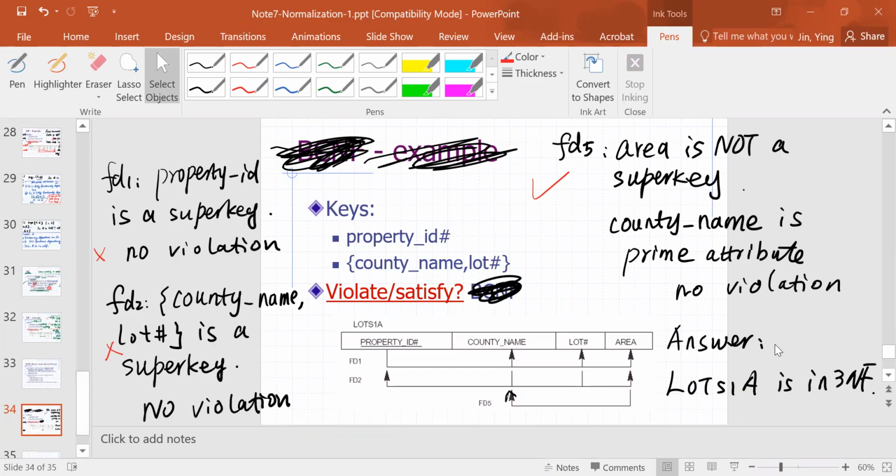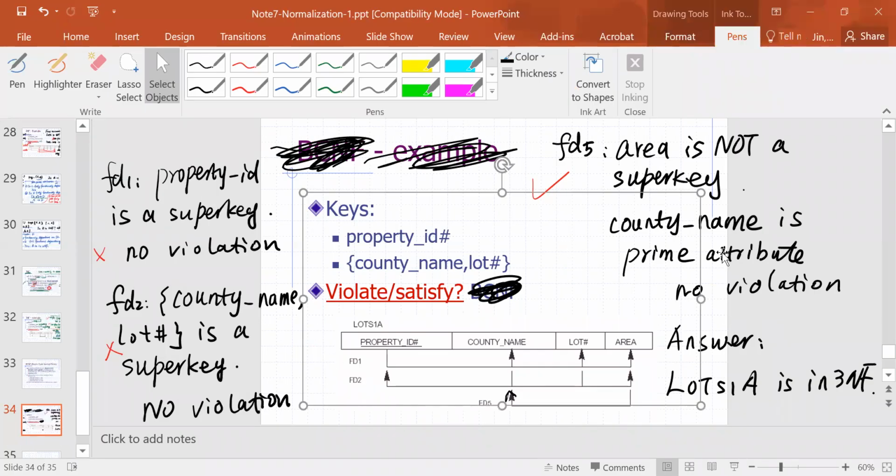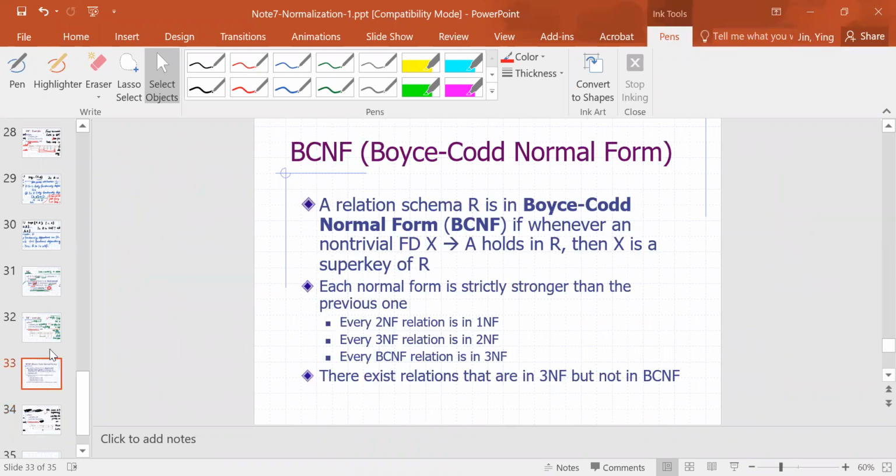Okay, so this is a case to show you another third normal form, right? And we're going to go back to this using the same example to show Boyce-Codd normal form. So far we finished the first, second, and third. Let's move on to Boyce-Codd normal form.